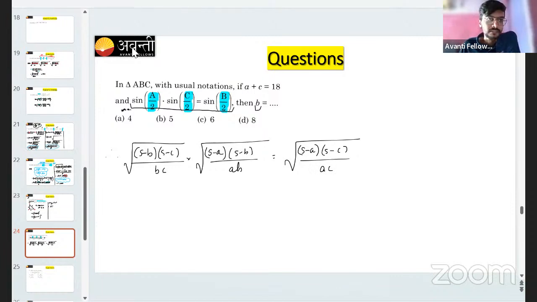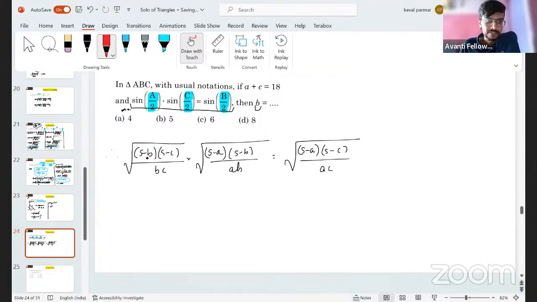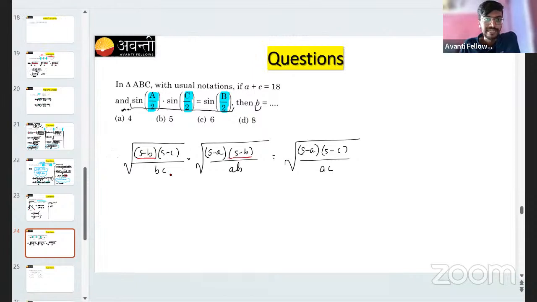Now look at these terms, s minus b into s minus b and b into b. This will multiply and become whole square. And if they become whole square, the under root above them will get cancelled. So I can write it as s minus b upon b into under root of what I'm left with, s minus a into s minus c upon ab.